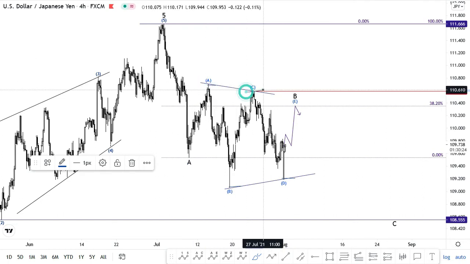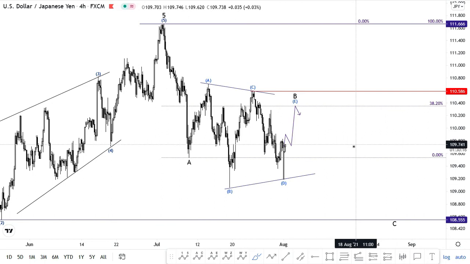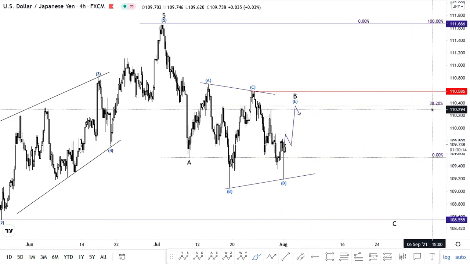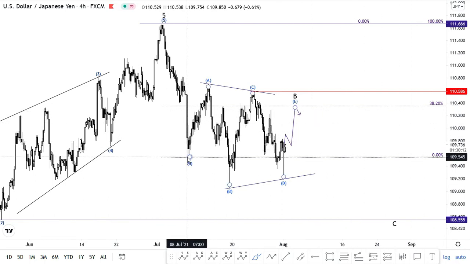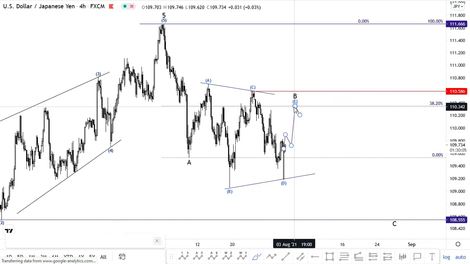So what does this say to me? This screams possible wave counts which include a triangle move, where I assume wave B is measuring the retracement of wave A, and so on.